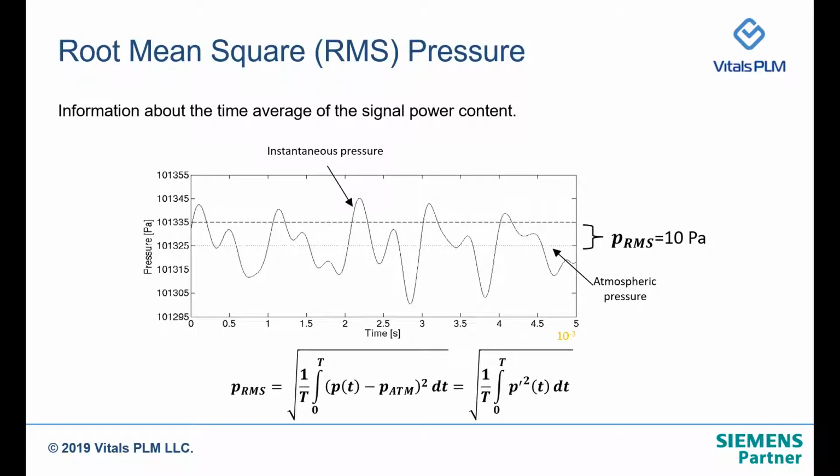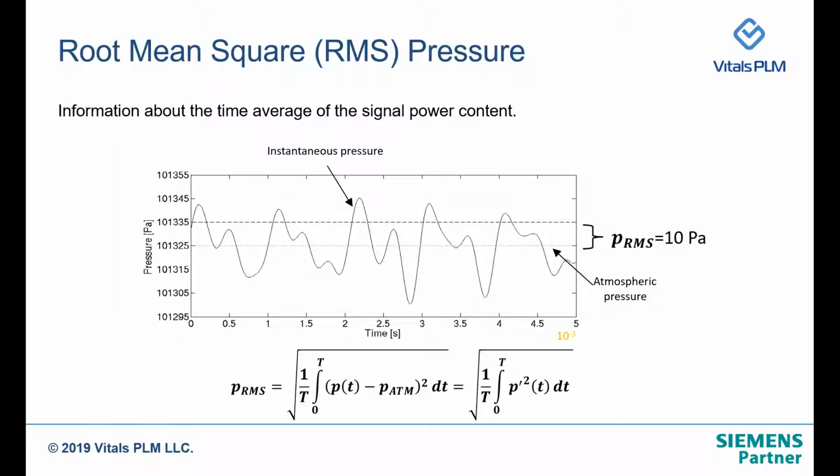So another important term in aeroacoustic analysis is the root mean square of the pressure. To understand this RMS pressure, here we have an example of instantaneous pressure time history for 5 seconds, and this pressure is fluctuating around atmospheric pressure, which is at 101,325 Pascal.